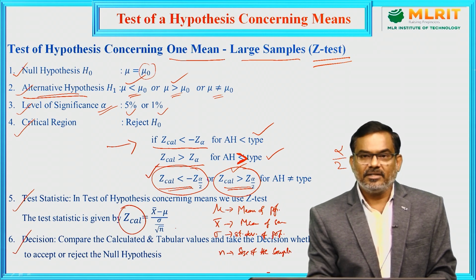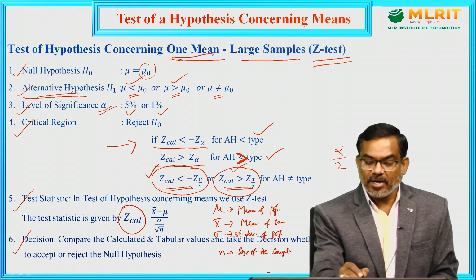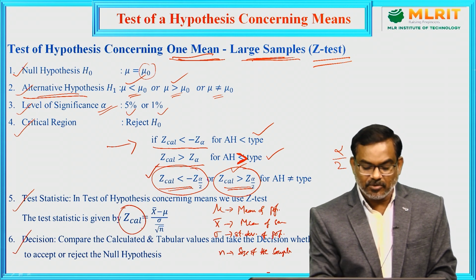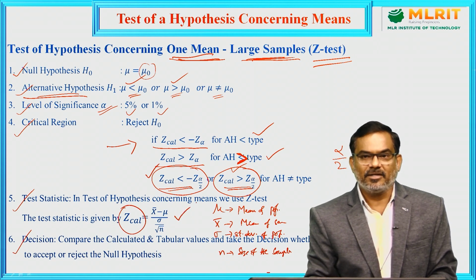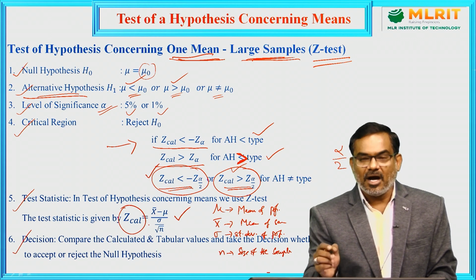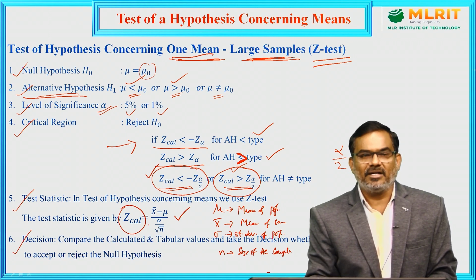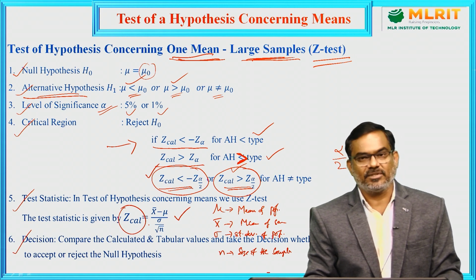So, here in testing of hypothesis, one mean for large samples we use this test statistic, Z calculated is x bar minus mu by sigma by root n. Now, comparing this calculated value and the tabular value, we take the final decision whether to accept the null hypothesis or to reject the null hypothesis.